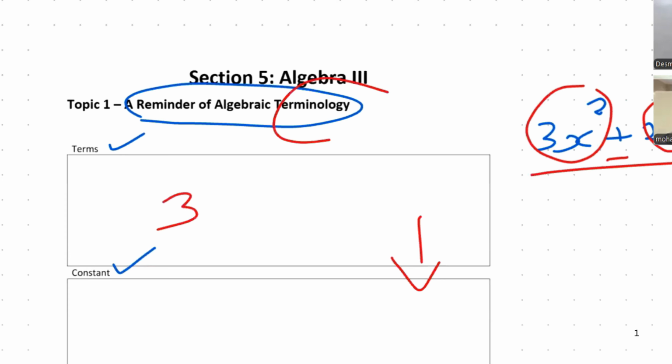So the constant in this case is a number that has no variable, no letters in front of or after it. When you check, 3 has x squared, and 2 has x, so they can't be constants. A constant must be just that number that doesn't have any letters. So the constant based on this expression is 3.